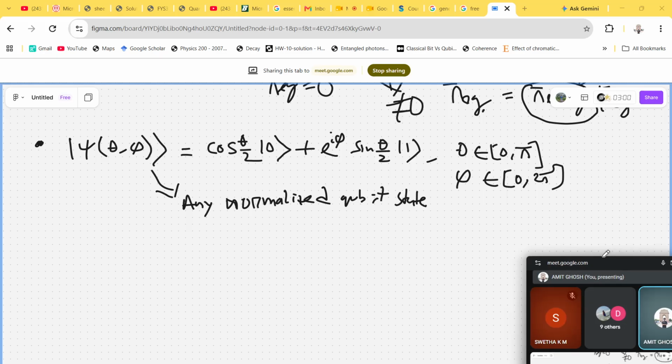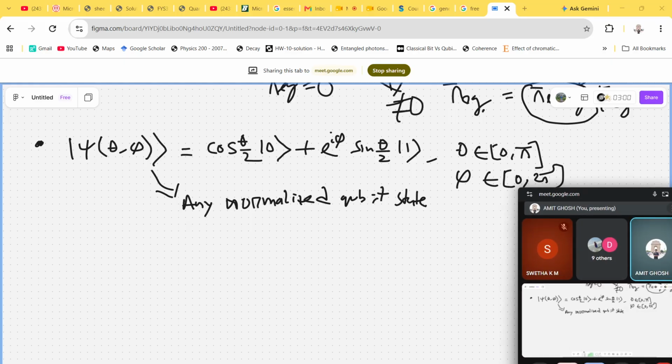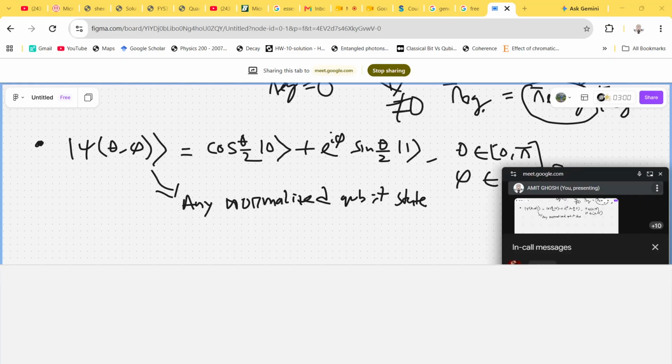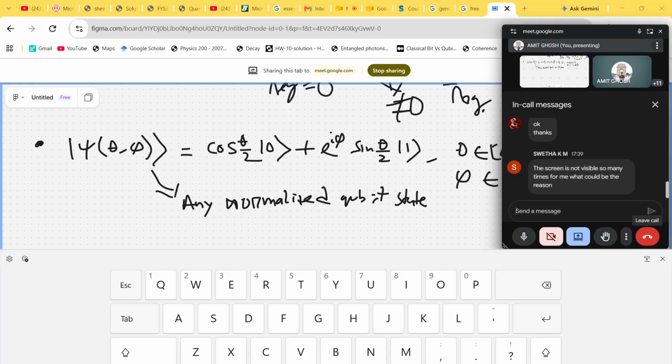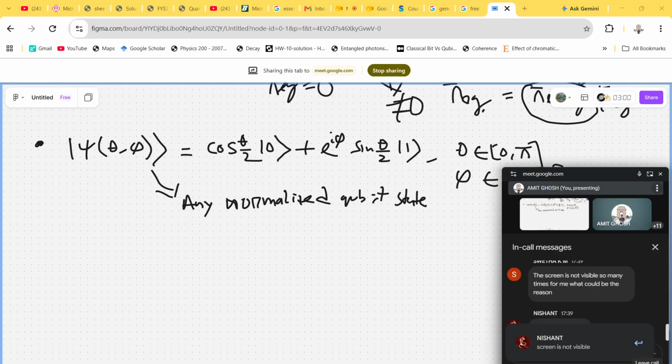What's this? Screen is not visible. But everyone's screen is visible, right? Not visible.